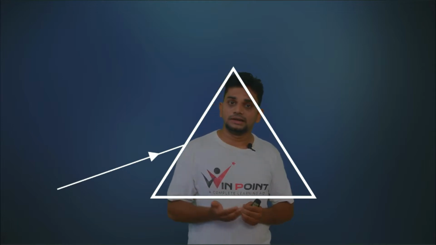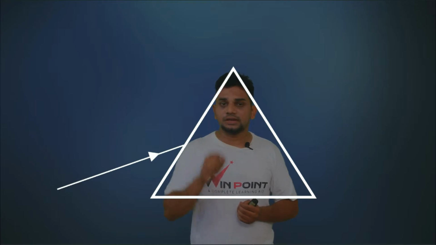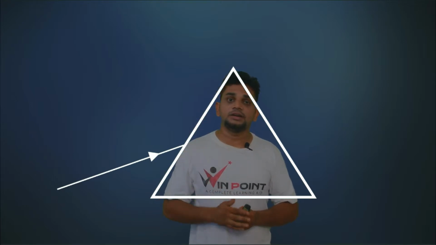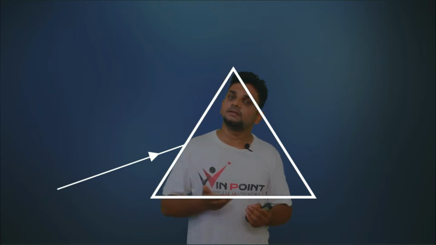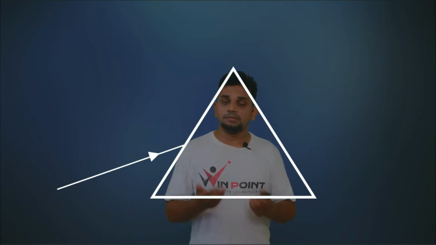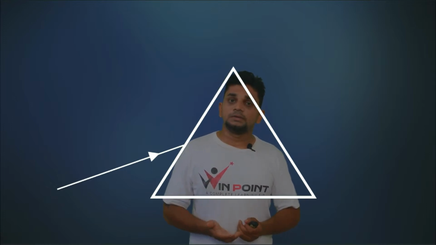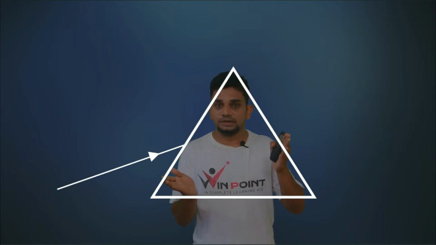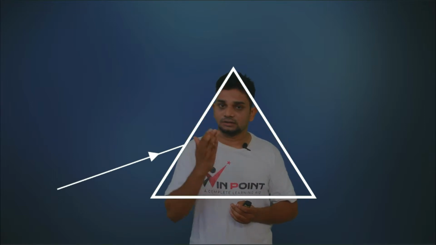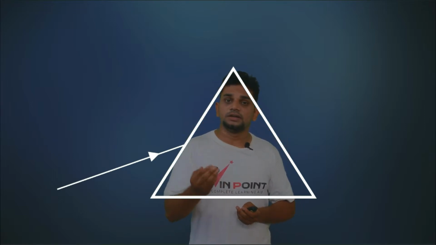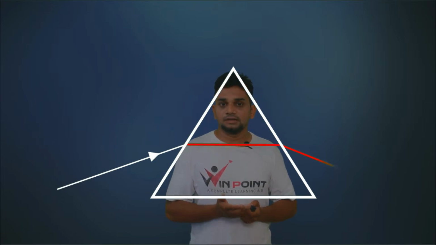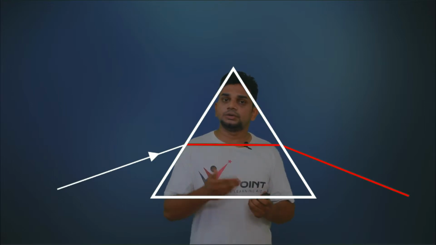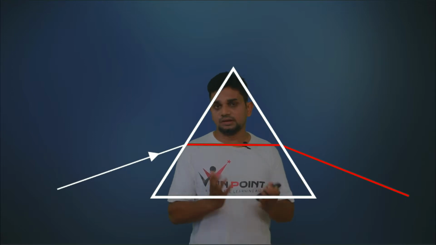The bending of color depends on the wavelength. So white light consists of 7 colors. Each color has a different wavelength, which means the bending will be different. The bending of red will be minimum and the bending of violet will be maximum, which means there will be a splitting. So what is the reason for splitting? The colors travel with different speeds in the medium.